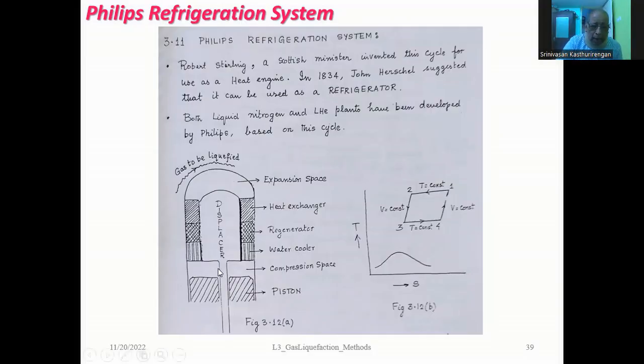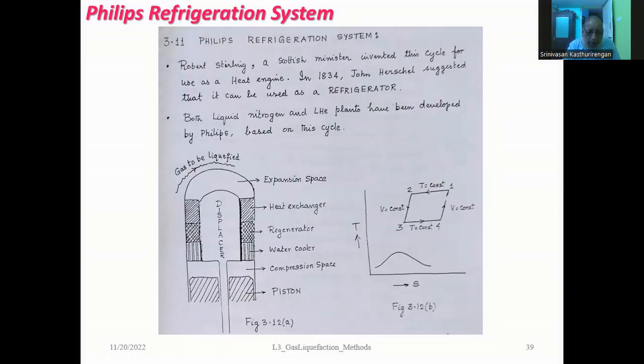Now, the gas passes through a regenerator, which is one of the very important components of the system, a very specialized heat exchanger. Afterwards, the gas goes to the opposite side, where it is cooled by a heat exchanger and goes to the expansion space.